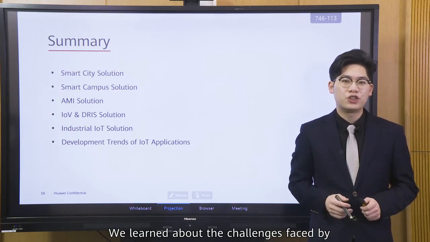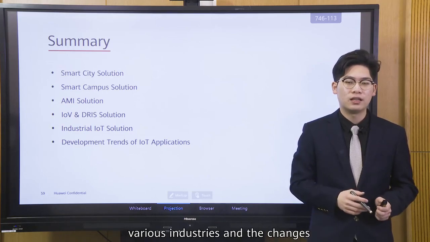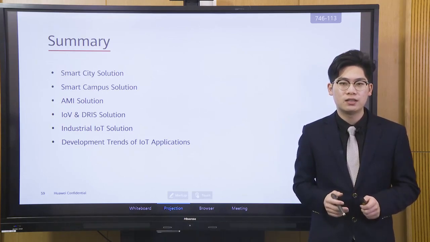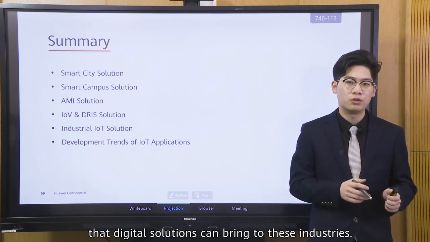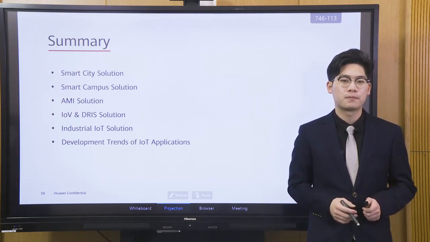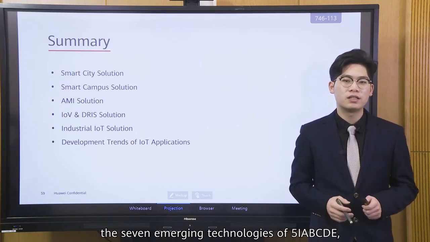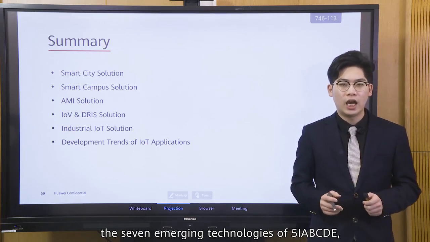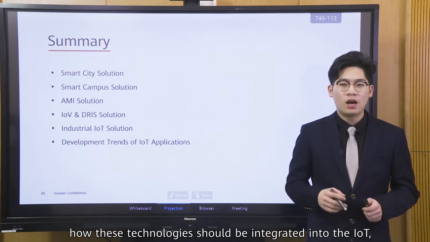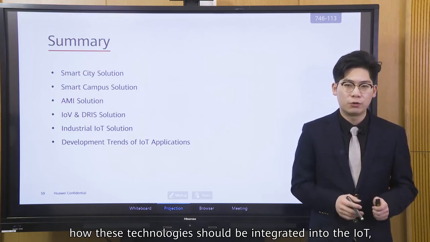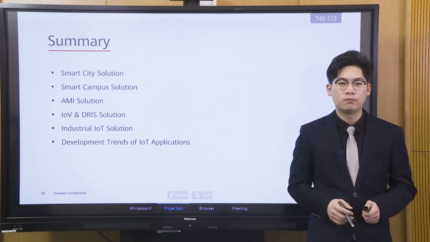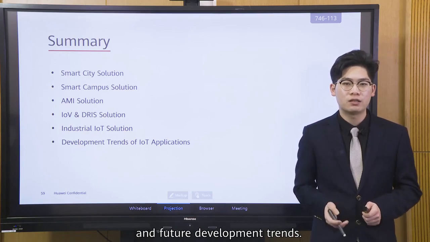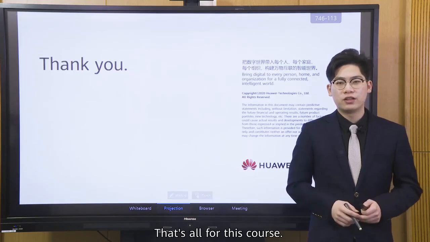We learned about the challenges faced by various industries and the changes that digital solutions can bring to these industries. We also learned about the 7 emerging technologies of 5I ABCDE, how these technologies should be integrated into the IoT, and future development trends. That's all for this course.